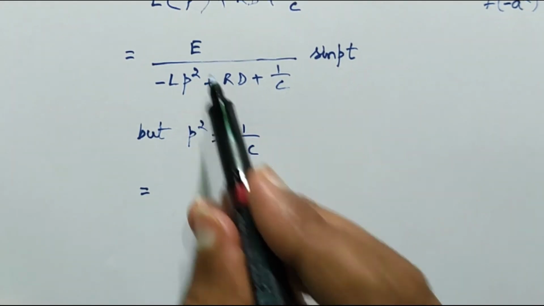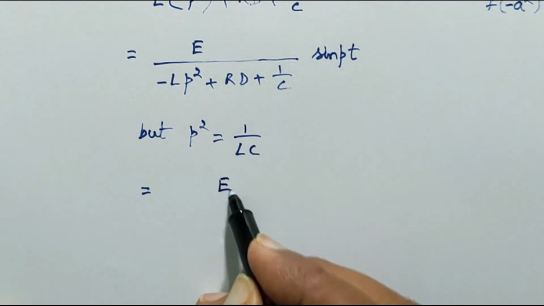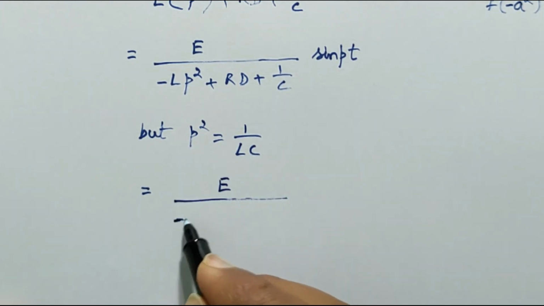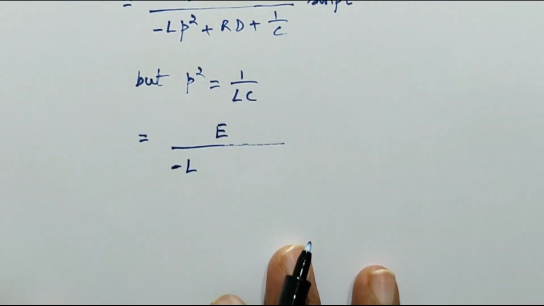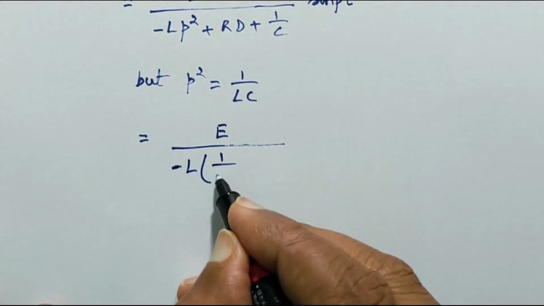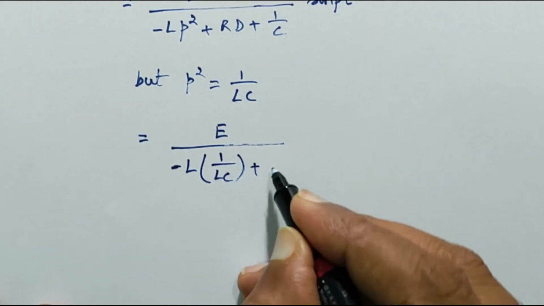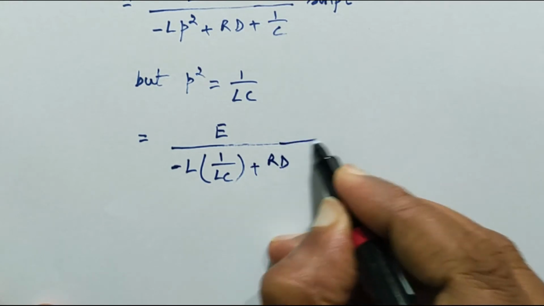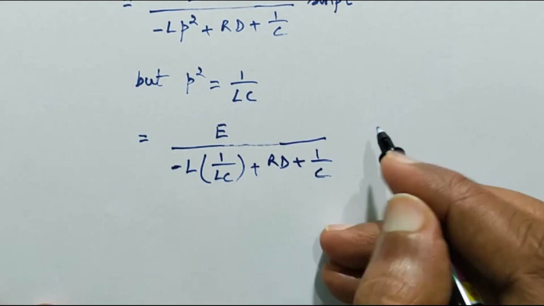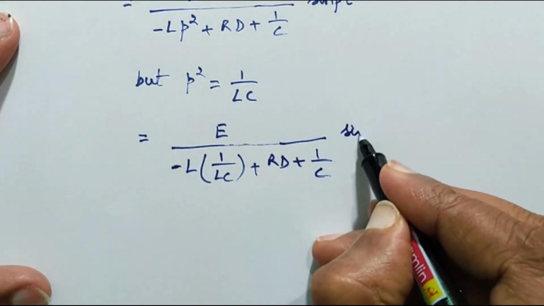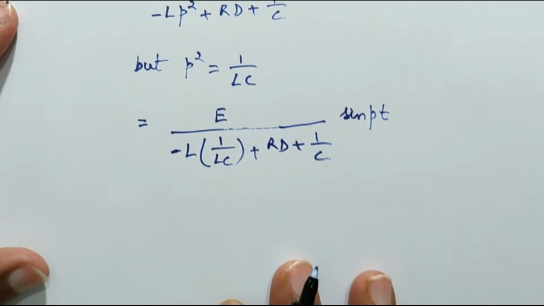So if you plug in over here, we'll be getting E divided by minus L, and the value of P square is 1 by LC, plus R times D plus 1 by C times sin of PT.